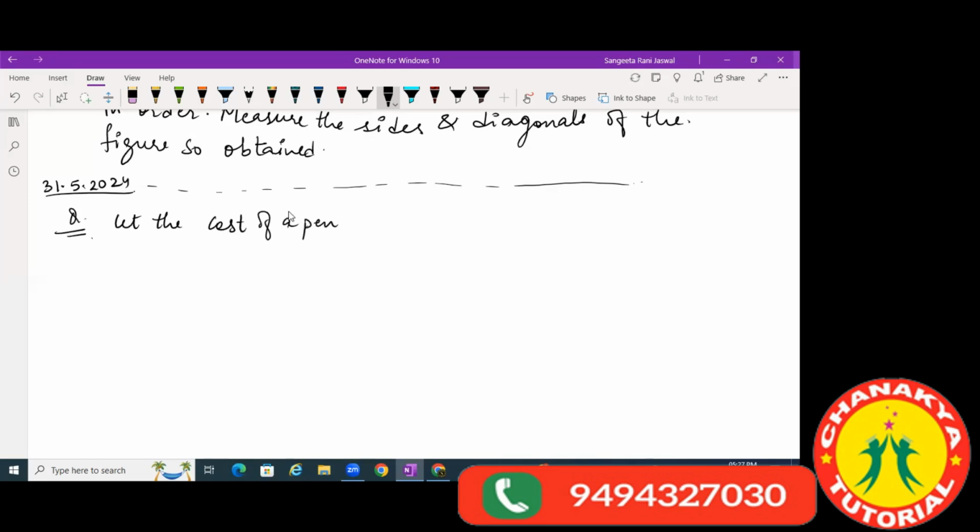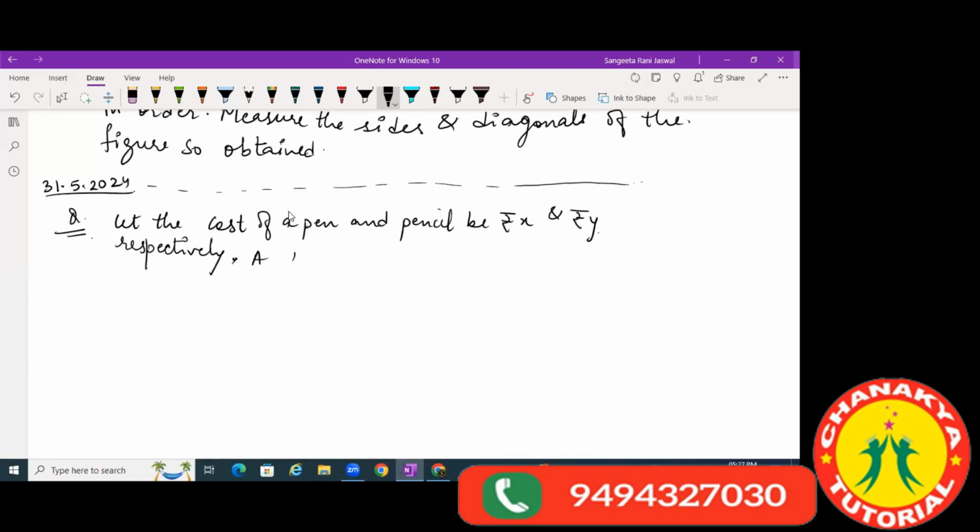Let the cost of a pen and pencil be rupees X and rupees Y respectively. This is what you are given in the question. In this case, you will first have to form an equation, then find the solutions, then plot a graph.